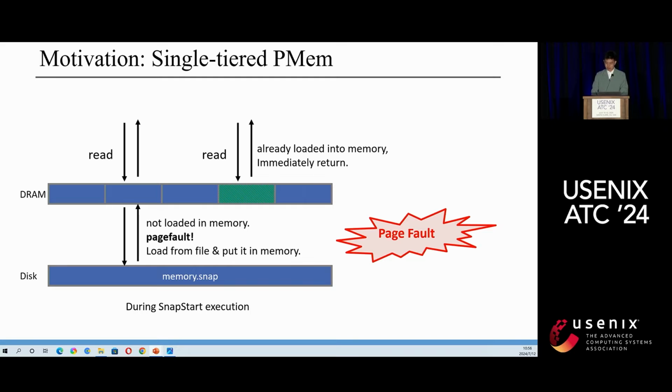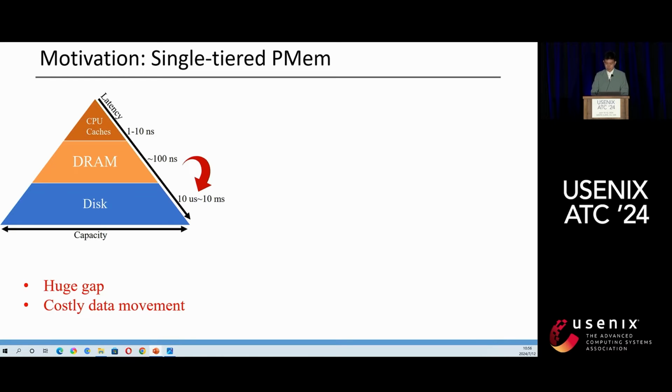Frequently triggering major page faults leads to expensive performance penalties. The expensive overhead of page faults mainly comes from costly data movement because of the significant latency gap between DRAM and disk storage in modern computer memory hierarchies.